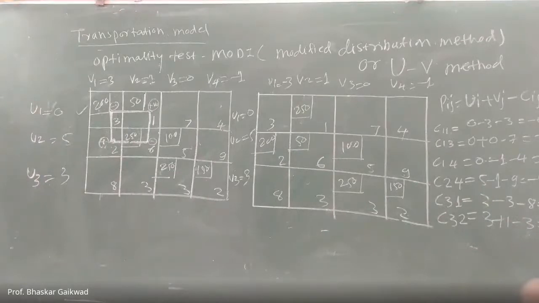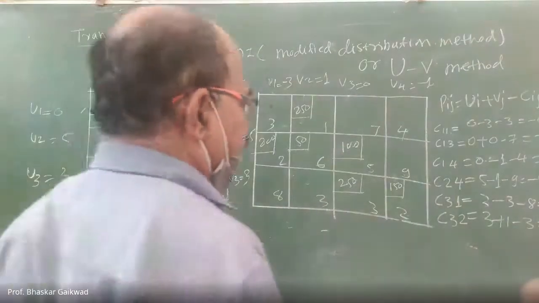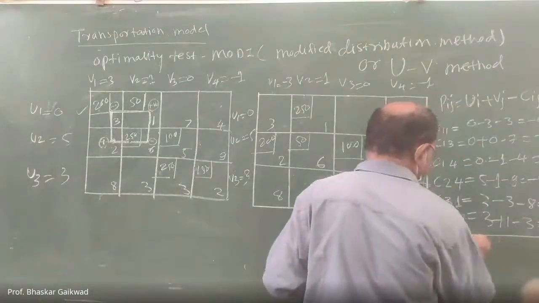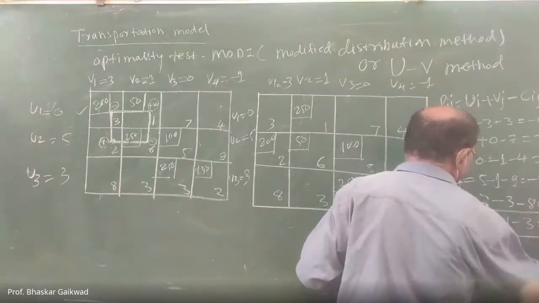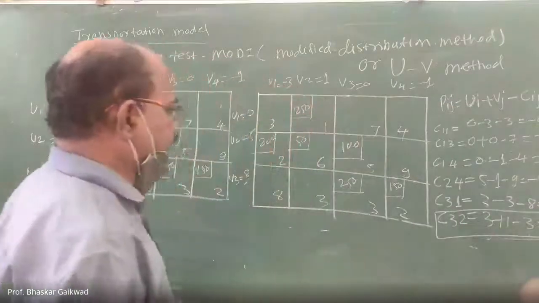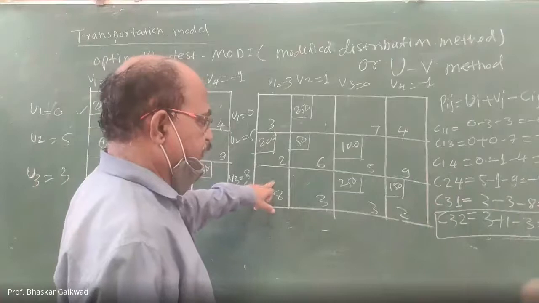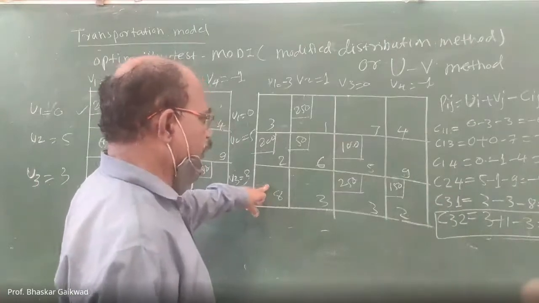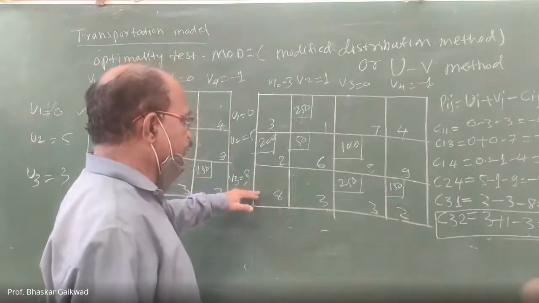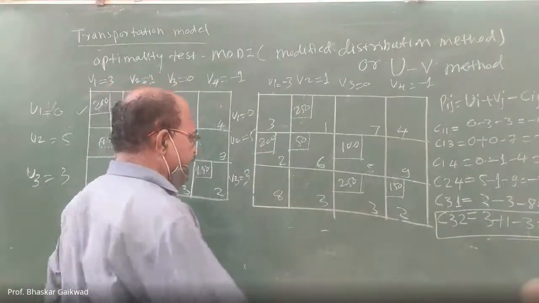So again you have to check all the answers at the right side. It should be minus or 0. But you can see cell number 32 is 1. So check third row and first column, third row and second column.